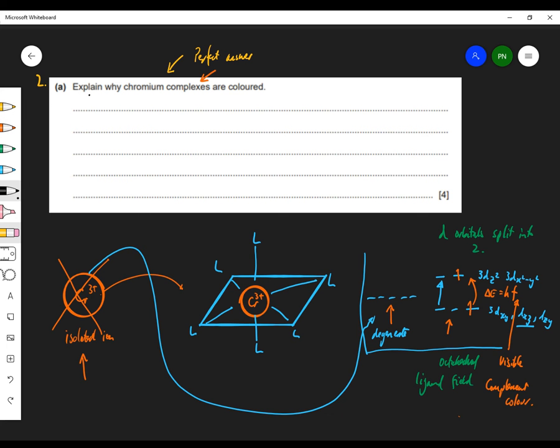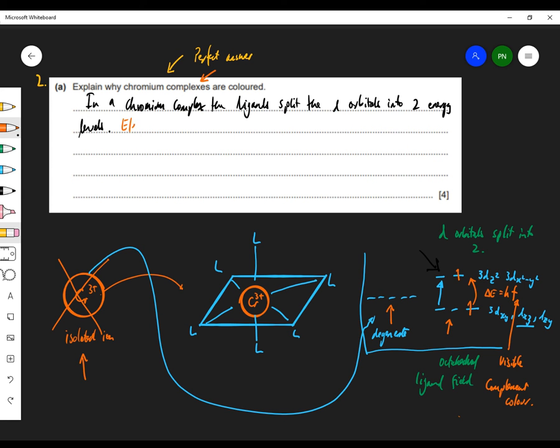In a chromium complex, the ligands split the d orbitals into 2 energy levels. That's the first thing I'd say.